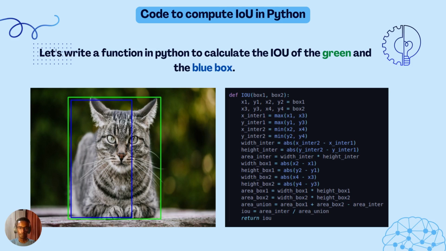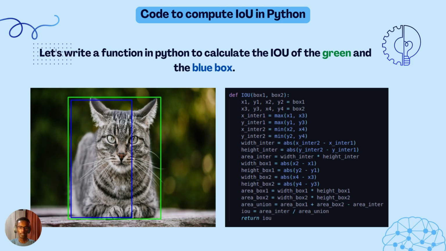Then we take each of the coordinate points from box 1, and we take each of the coordinate points from box 2. And by using the formulas before, we use the built-in functions max and min in order to get the minimum and maximum points, in order to get x inter 1, x inter 2, y inter 1, and y inter 2, just as we did before.